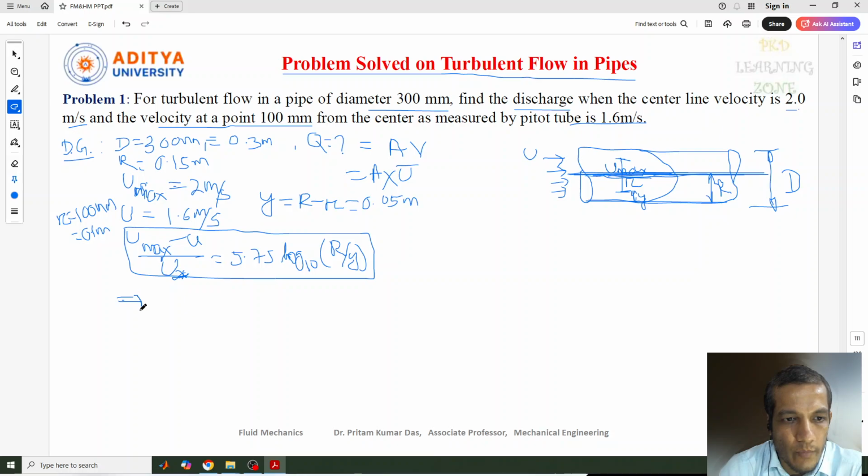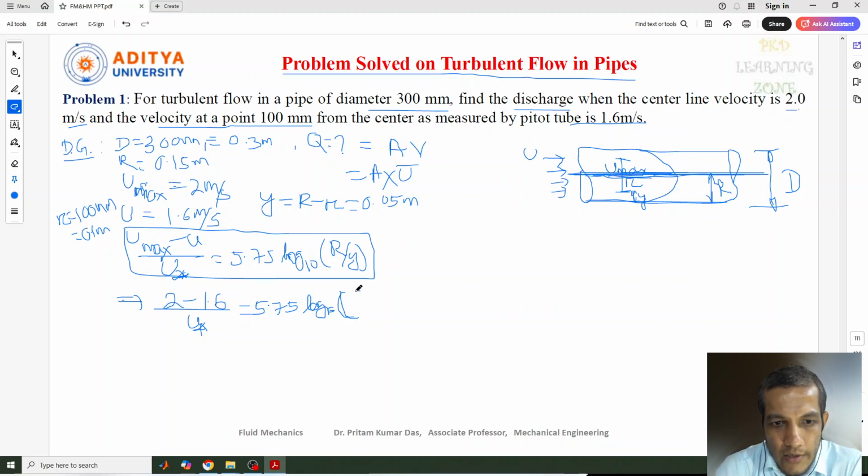So u max equal to 2, the maximum velocity, u is 1.6, and u star is unknown. Now you can write 5.75 log 10 of R by y. So R equal to 0.15 divided by y equal to 0.05, bracket close.